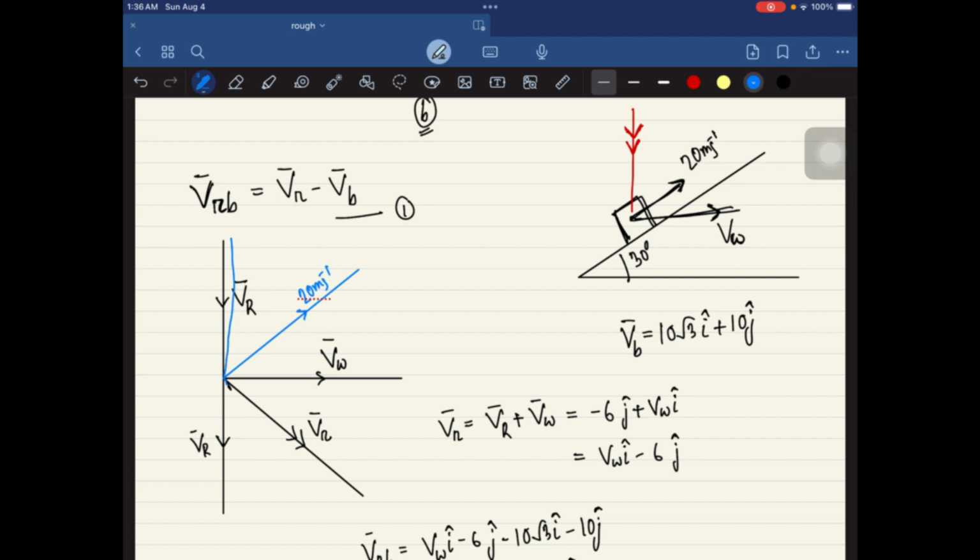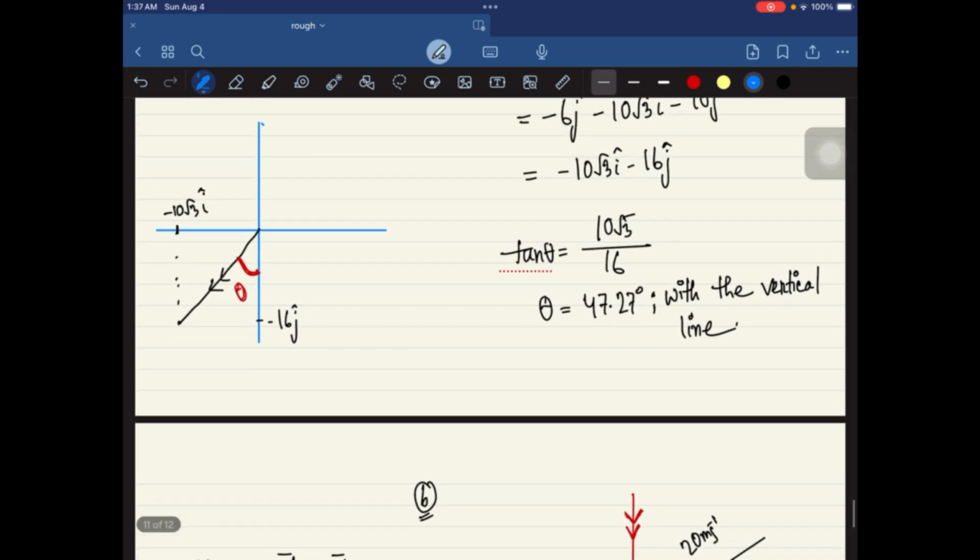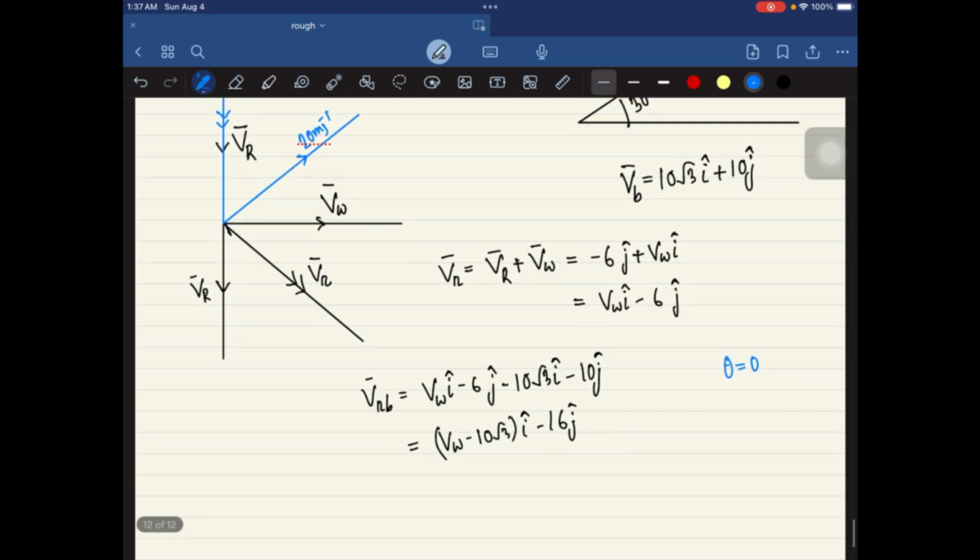To distinguish this, the resultant will be this, and the angle it is making with the vertical line will be theta equal to 0. In the first case, if theta is equal to 0, the resultant will be along the vertical line. So the angle it will make with the vertical line will be theta equal to 0.